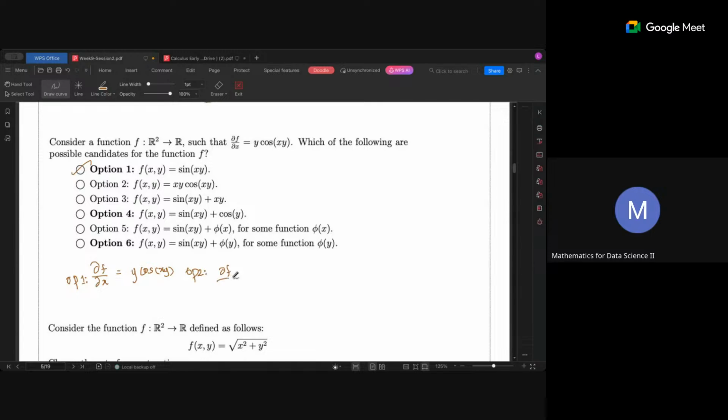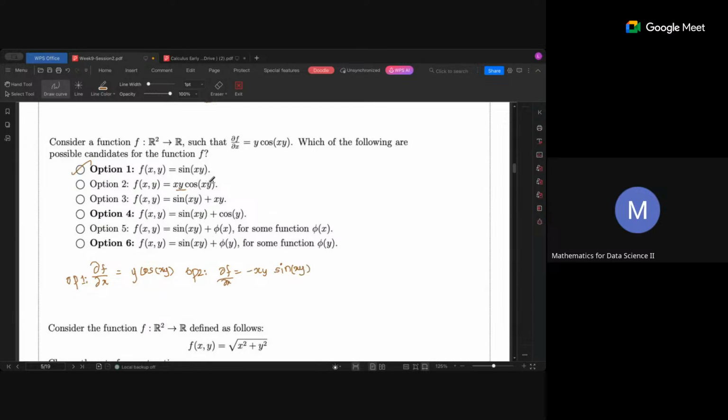What is dou f by dou x? So now you have to apply product rule and also chain rule together. So consider this as your u and this as v, then you have to apply u into v dash. So let us keep xy first, and then v dash is sine of xy, with a minus.